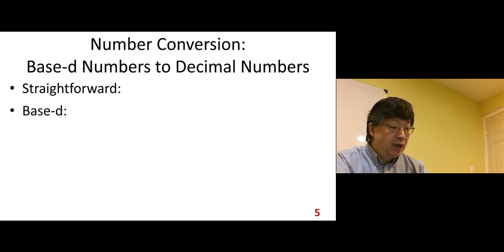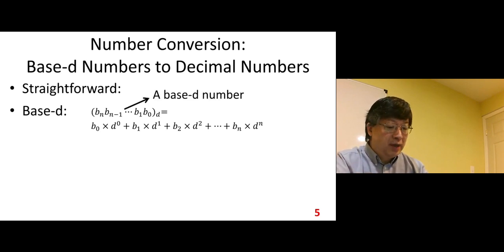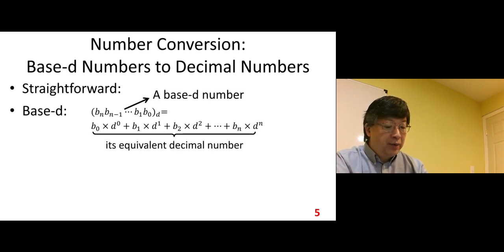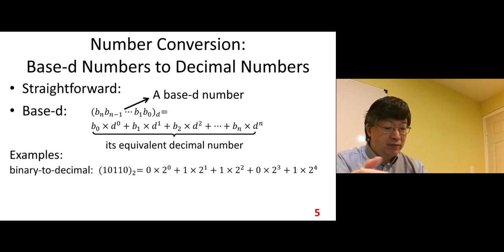Given a base d number, any base d number, if we use this representation formula, we can easily calculate the base 10 decimal number directly. For example, binary to decimal: we just plug into this formula, so we get a decimal number.